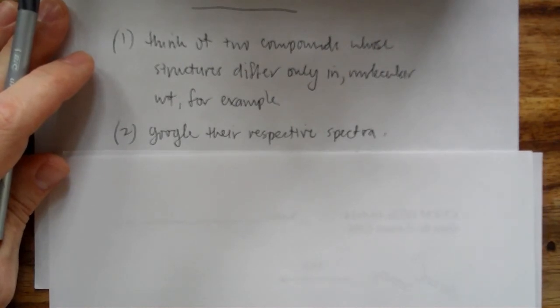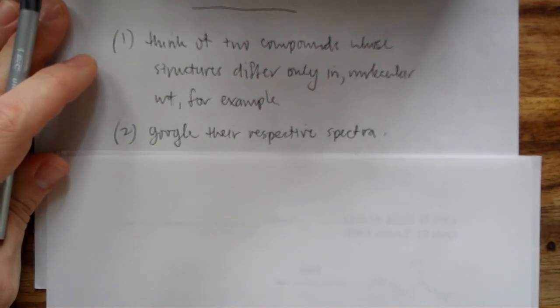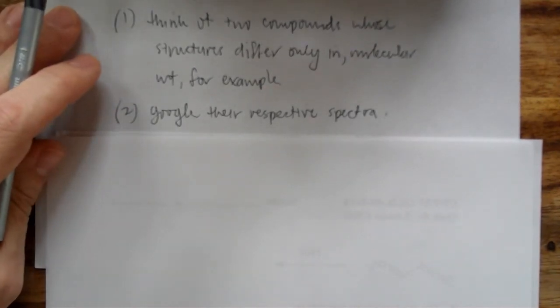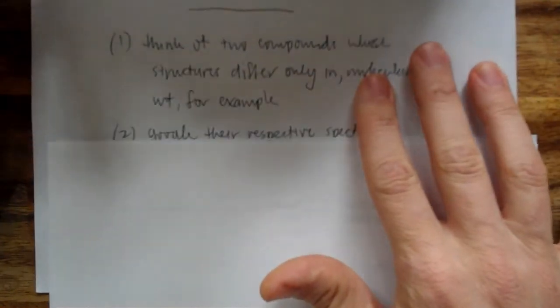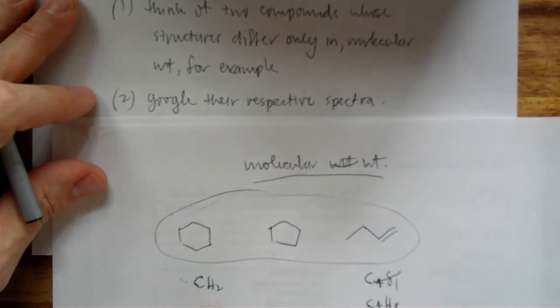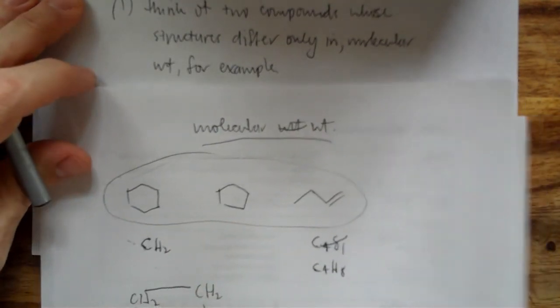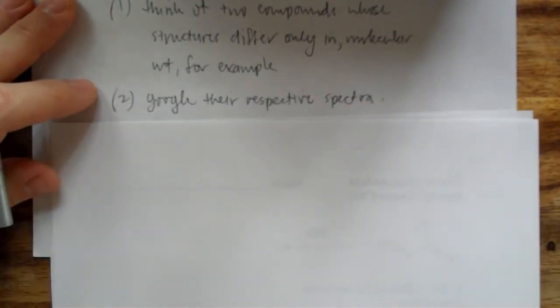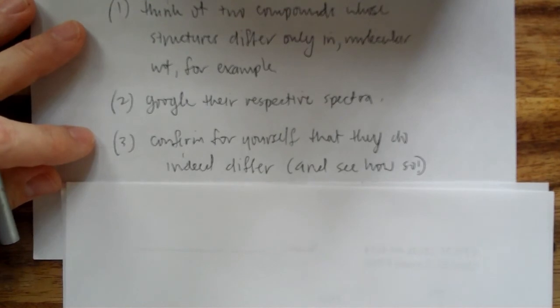I'll give you some specific examples, although I'm telling you this is the only advice you really need, because you could do this yourself. At this point you probably feel like you don't fully appreciate what you'd be even Googling, but you would simply Google mass spec cyclohexane, mass spec cyclopentane, okay, and see what you find. And then the final step of my final advice is to confirm for yourself that they do indeed differ, and see how they differ.